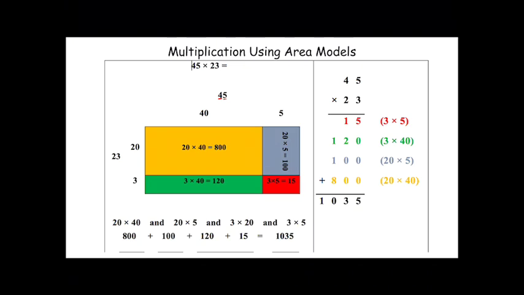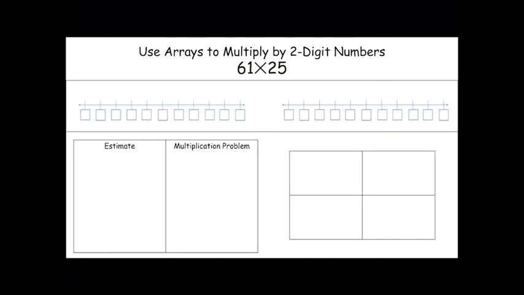I'm not going to go into much on this one because we have a lot of examples. The first thing I have the students do is estimate 61 times 25. They're really good with the tens, so I'm not going to use the number line for the tens. 61 is between 60 and 70, and it's closest to 60. 25 is between 20 and 30, and because it's at the halfway mark, it gets rounded up to 30.